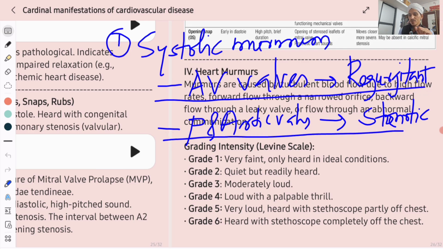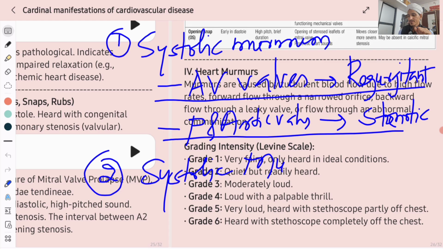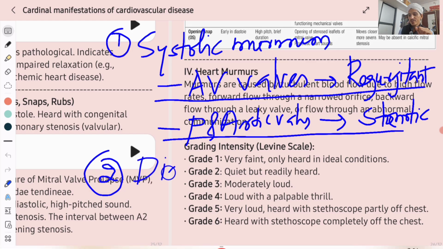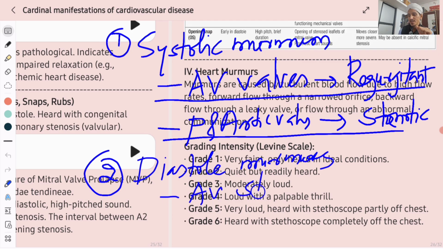Now number 2, diastolic murmurs. What happens during diastole? During diastole, atrioventricular valves will open and pulmonary and aortic valves will close. So during diastole, AV stenotic murmurs will be heard, because when the valves are not opening properly, there will be turbulent flow of blood, so there will be a murmur.